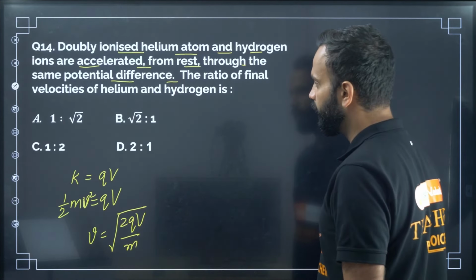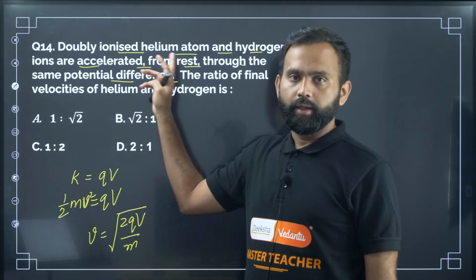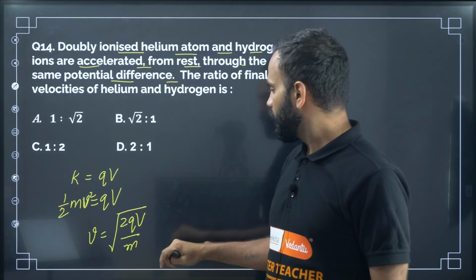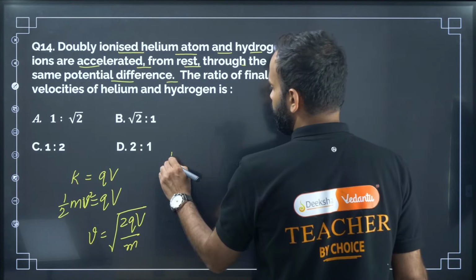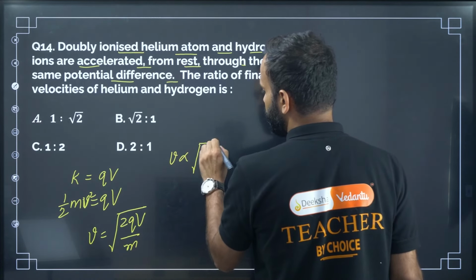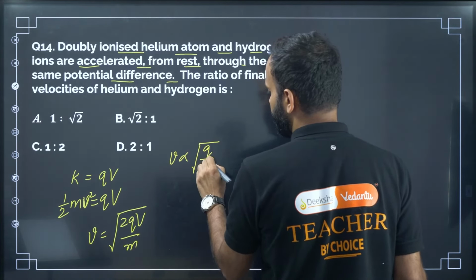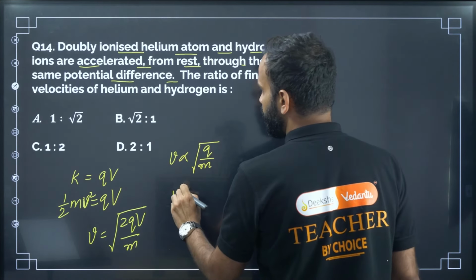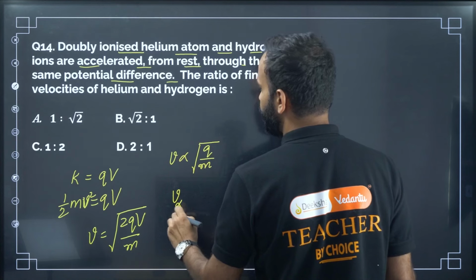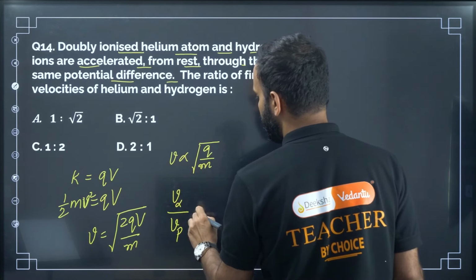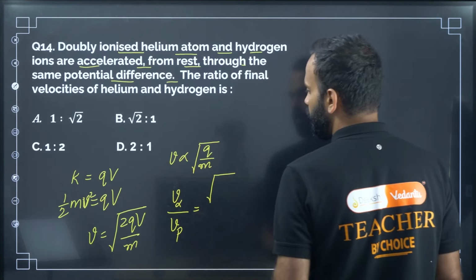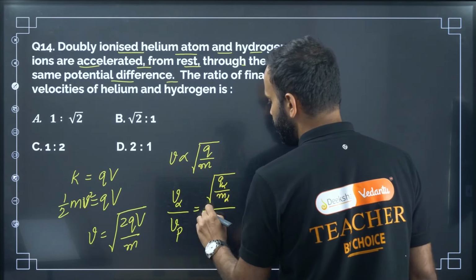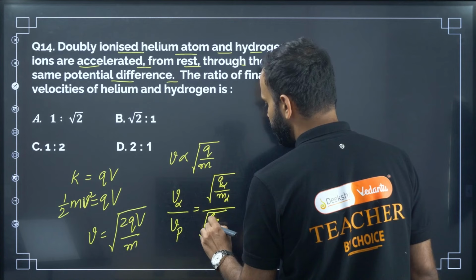These particles are accelerated through the same potential difference, so V is the same. So velocity is directly proportional to root of q by m. Now we need the ratio of the final velocity of the helium, that is the alpha particle, to the hydrogen, that is the proton, which is root of q alpha by m alpha whole divided by root of qp by mp.